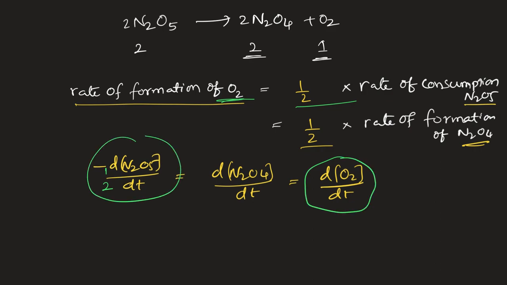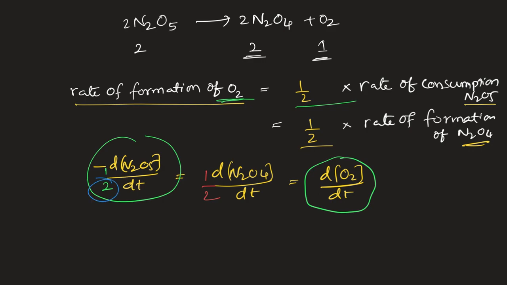Then the rate of O2 is half of the N2O5. Similarly, now we can compare the rate of O2 with the N2O4. That is also which one? Half of the N2O4 rate. This is in generalized form.